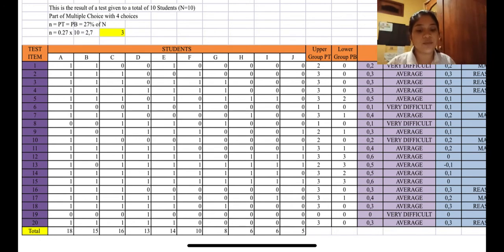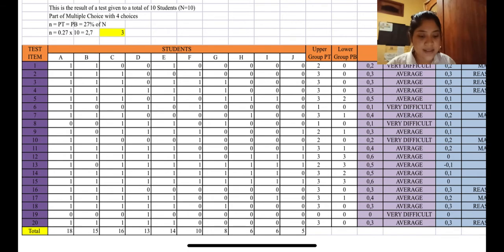So the upper group, PT, is the top 3 of students, and PB is the bottom 3 of all the students.